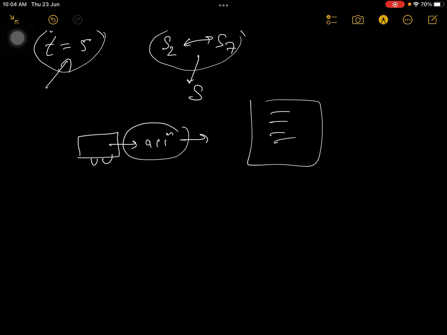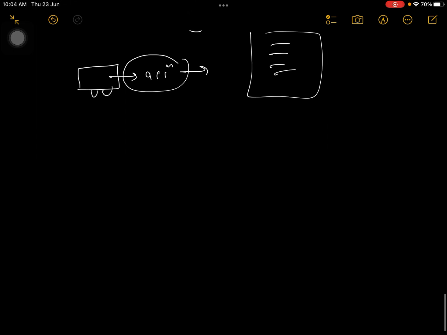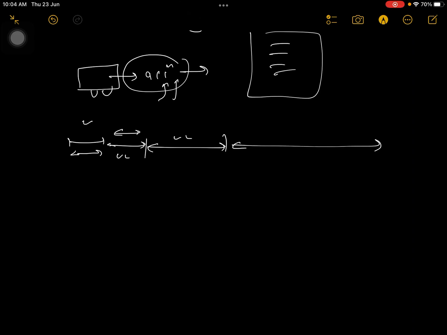If the object is accelerating, then in the first 1 second the object's speed will be slower, so the distance covered will be less. In the next 1 second the object's speed will increase because of acceleration, so the object will cover more distance. Then in the next 1 second the speed will further increase, then the object will cover more distance. Then in another next second the speed will further increase, then the object will travel more distance.